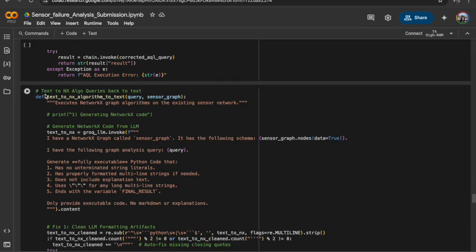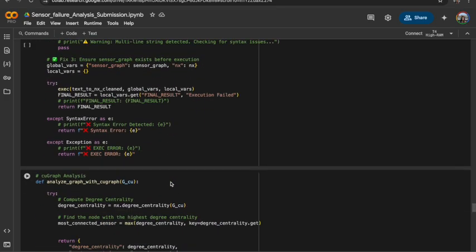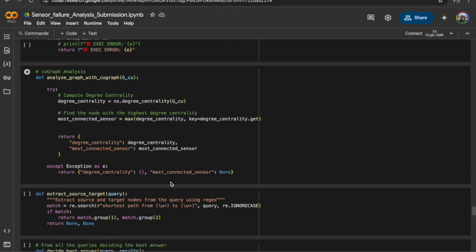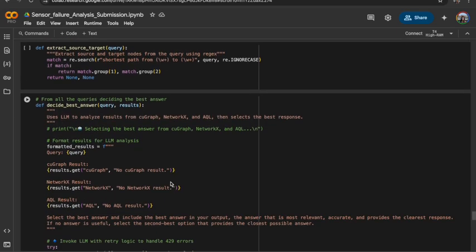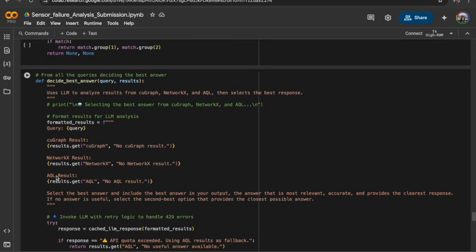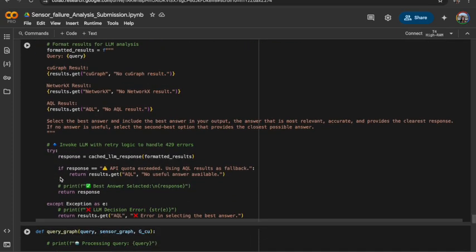Similarly, we are doing text to NX algorithmic queries and back to the text. And then we are also analyzing the graph using cuGraph. Then we are deciding what is the best answer out of all the three results, which include the cuGraph result, the NetworkX result, and the AQL results.